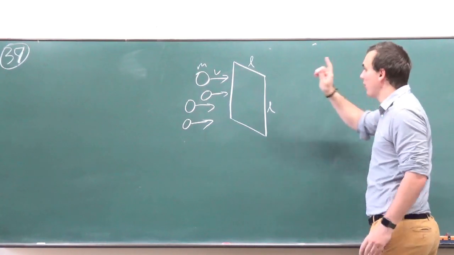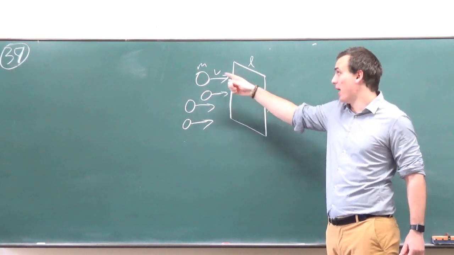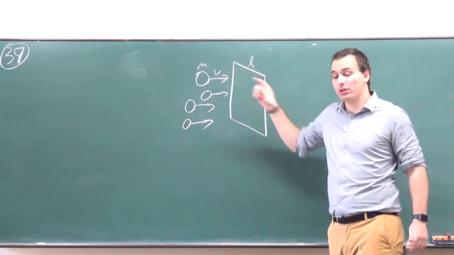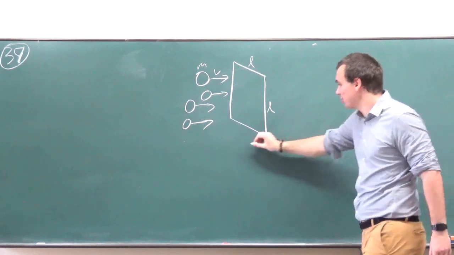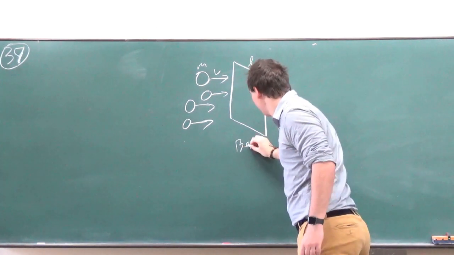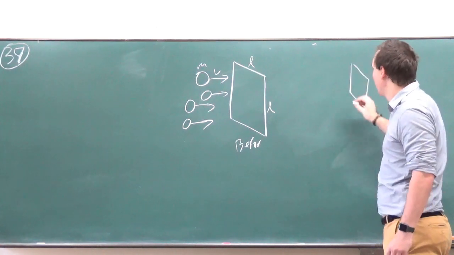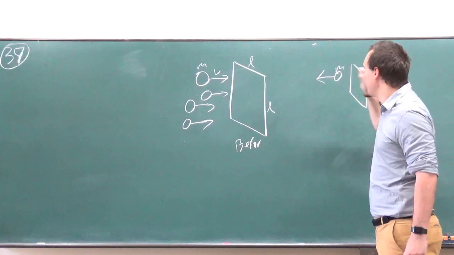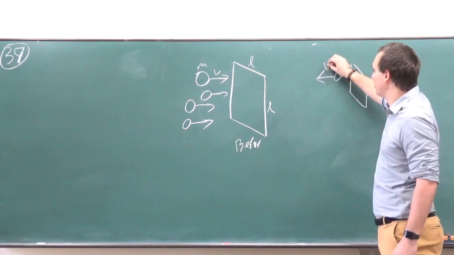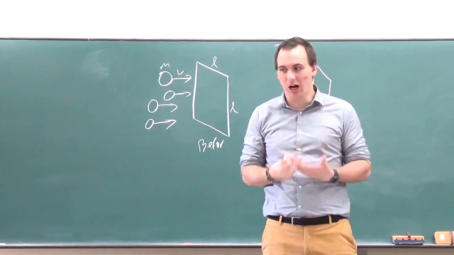Well, we know that before, the molecule is moving in, mass m, velocity v. And afterwards, the molecule was moving in that direction with velocity v, but it's moving in the opposite direction.